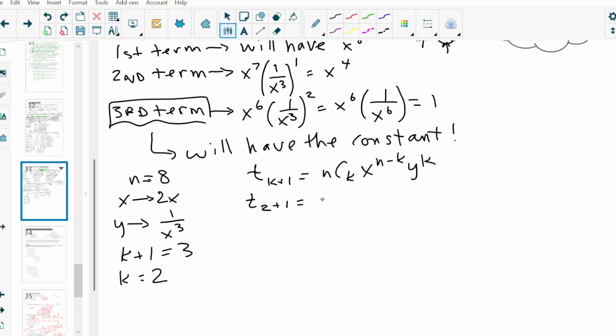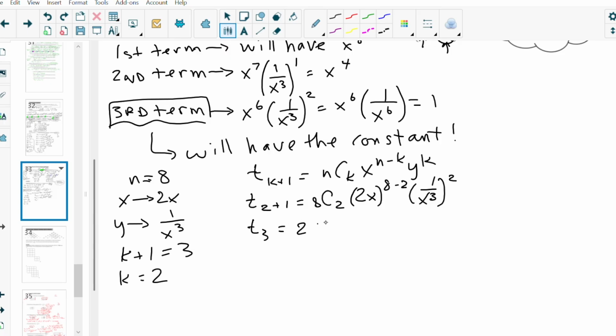T to the 2 plus 1 equals, n is 8, c, and then k is 2, x is 2x, n minus k, 8 minus 2, and then the y value is 1 over x to the 3rd, and then the k value is 2.